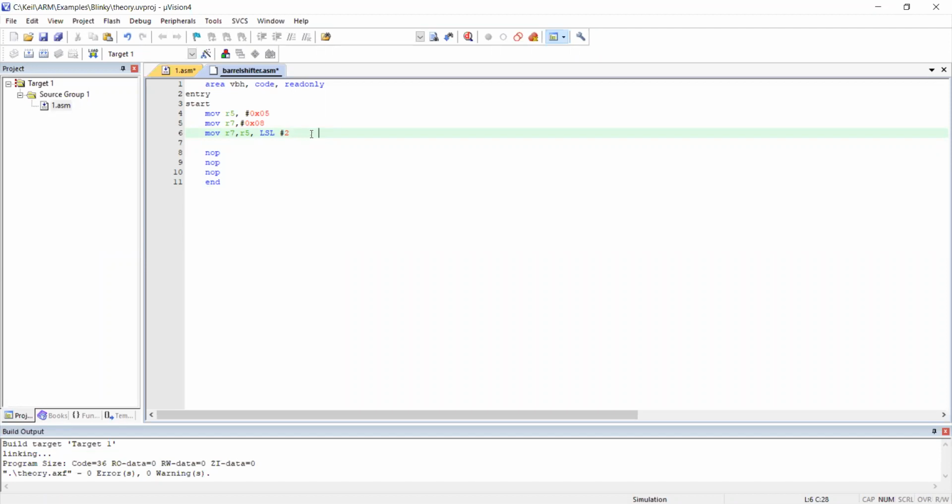RS, the source register, R5. What is LSL? Hash 2. LSL means logical left shift. This is the meaning.